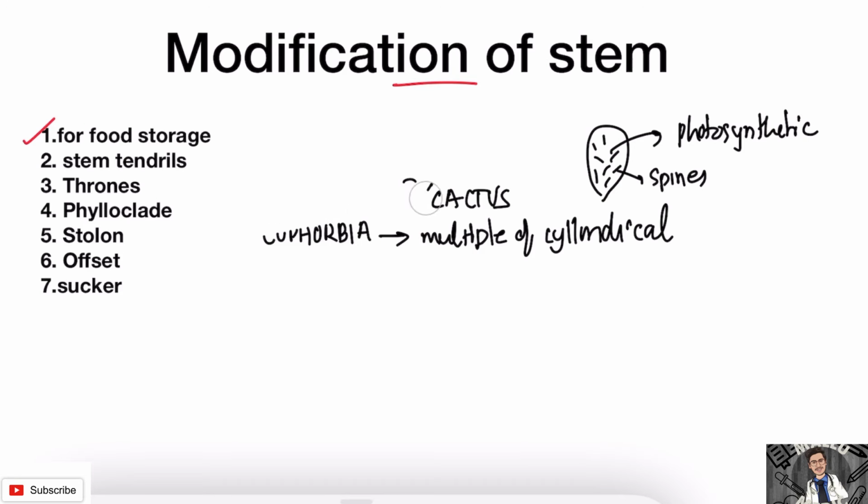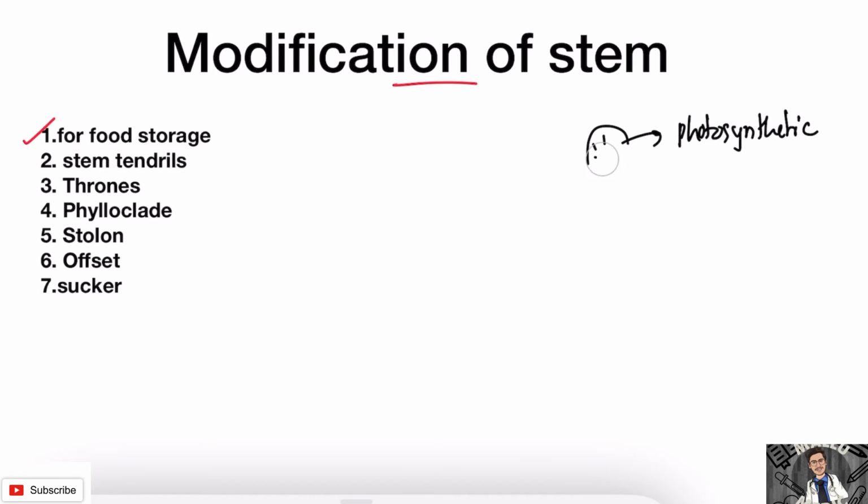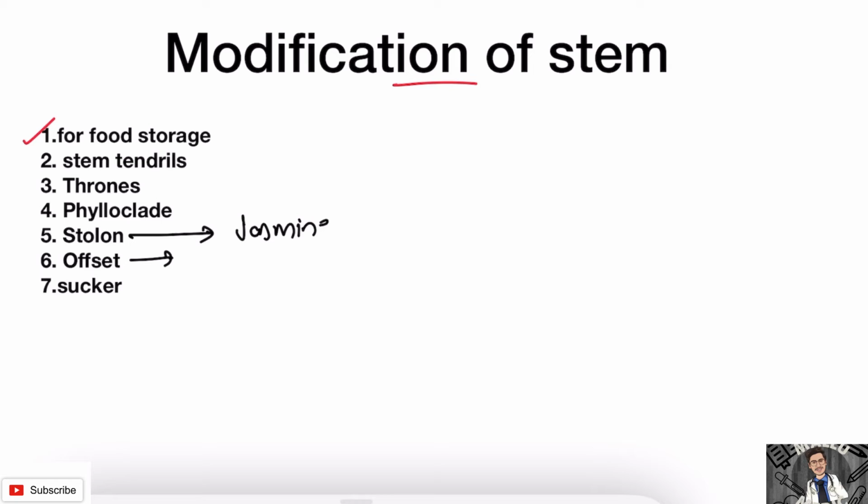Now let us see what's a stolon. You have to learn the examples jasmine and mint. So in stolon what happens is that, for example, here we have a plant. Suppose this is a jasmine plant.